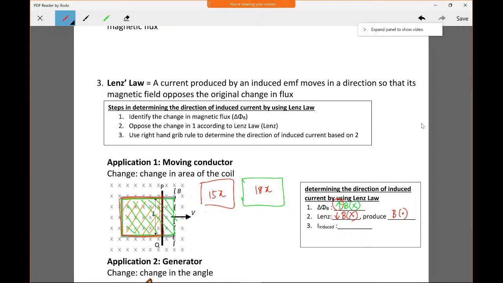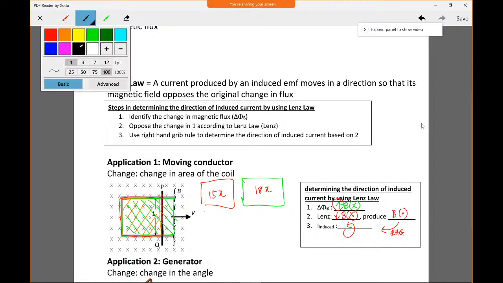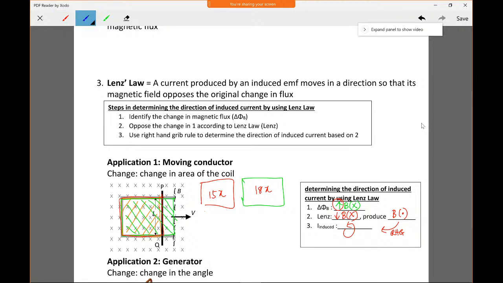Now using the right hand grip rule, in order to produce dots, meaning coming out from the page, with your right hand the thumb is coming out from your computer screen. Where is the direction of your current? It is moving anti-clockwise. So anti-clockwise will be the direction of your induced current.